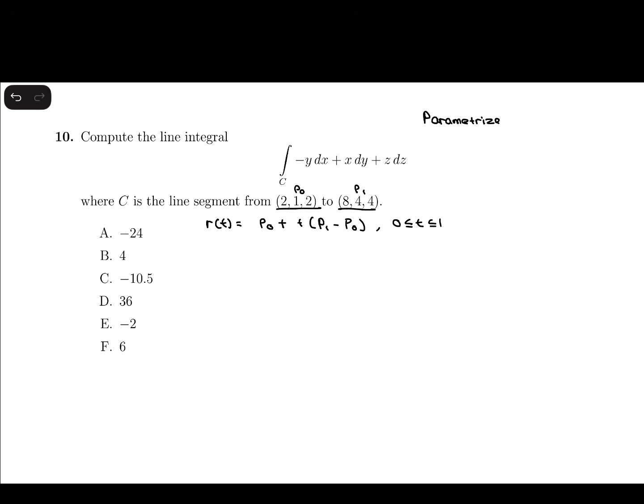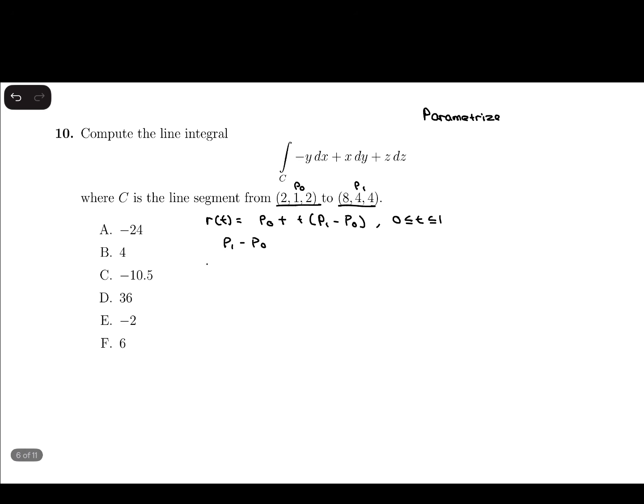So P1 minus P naught: you get 8 minus 2, 4 minus 1, and 4 minus 2, which gets you 6, 3, 2. So P naught is (2, 1, 2) plus t times (6, 3, 2).